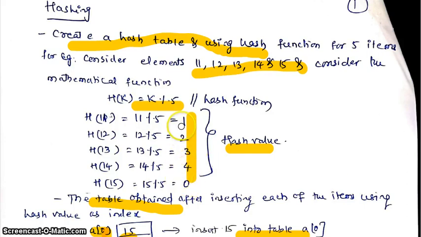These are the keys assigned to these items. The hash key for 11 is 1, for item 12 is 2, for item 13 is 3, for item 14 is 4, and like that, the hash key for item 15 is 0.